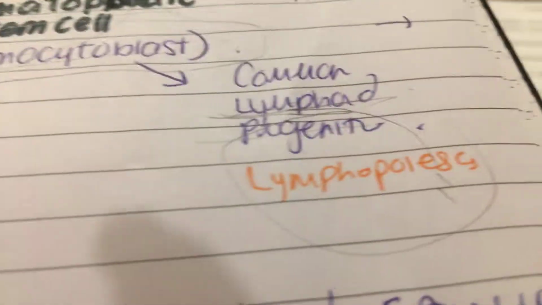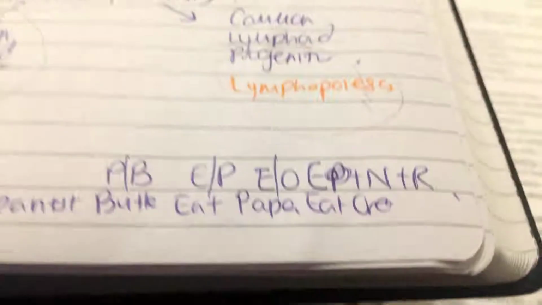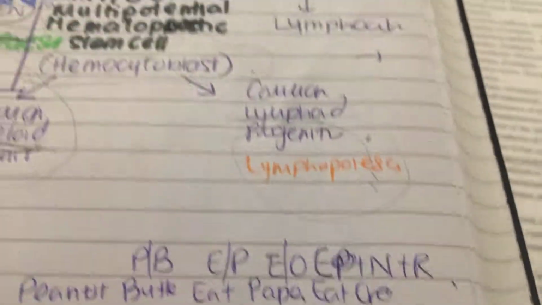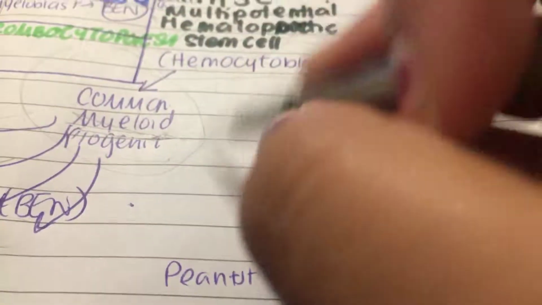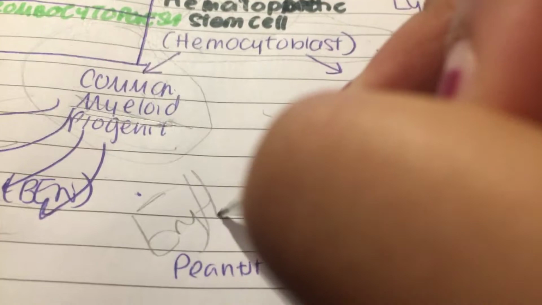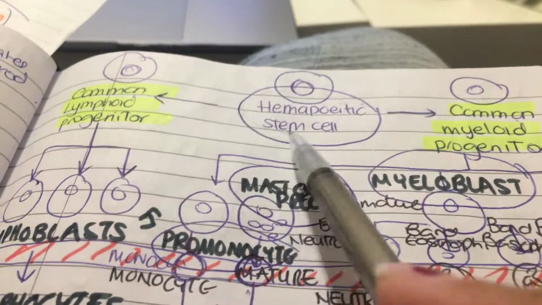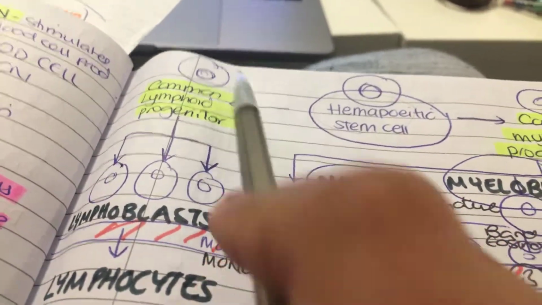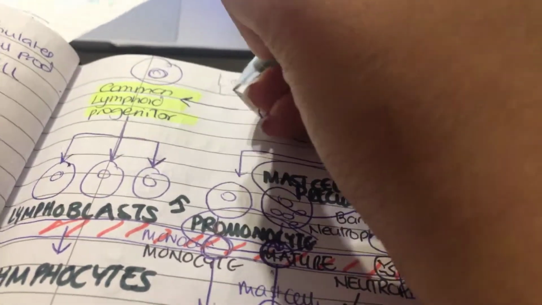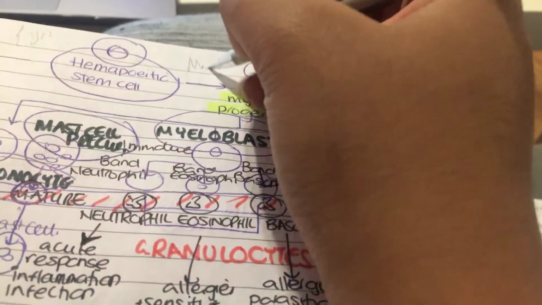Okay, people. Now, those are the big guys. Let's start with the process of hematopoiesis, erythropoiesis specifically. Here is a diagram that I've drawn of everything that's happening. Here's the hematopoietic cell, giving the lineage for the lymphoid lineage or the myeloid lineage.